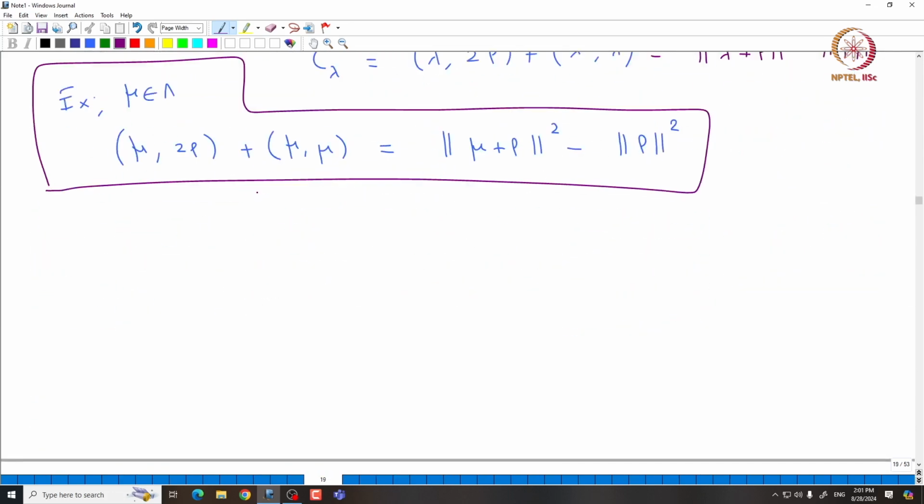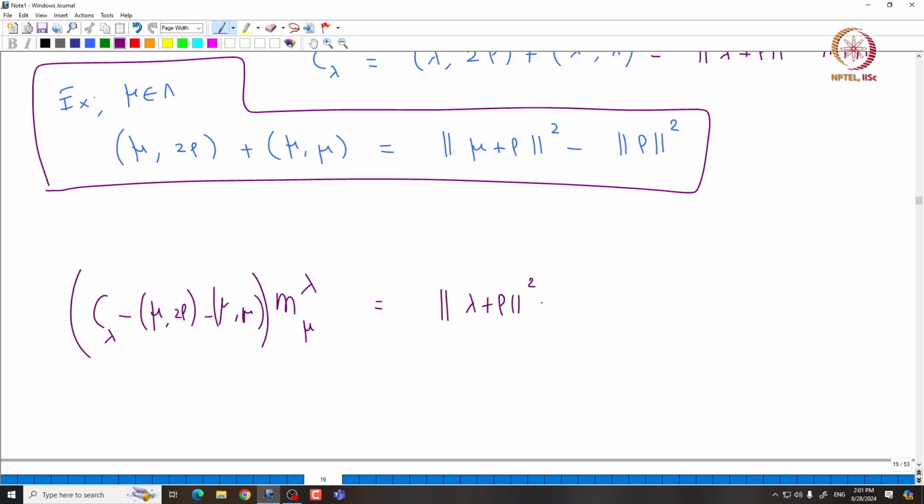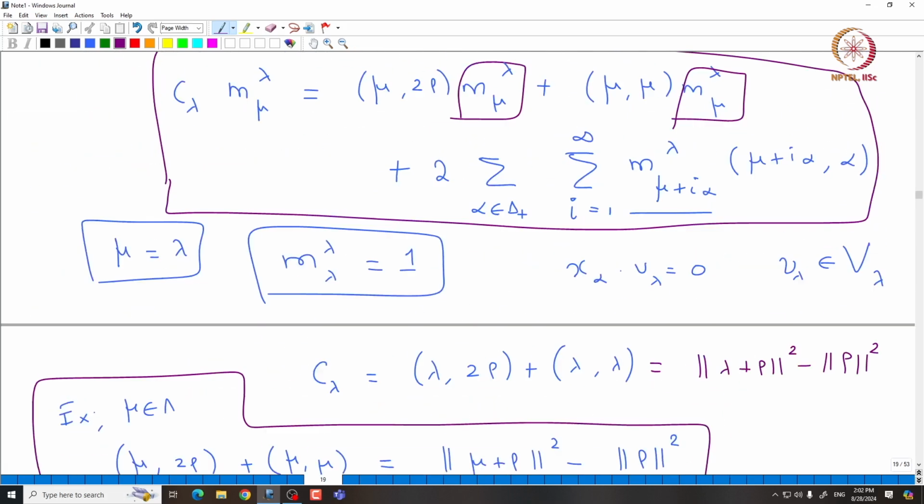So, C_lambda minus mu comma 2 rho minus mu comma mu is exactly equal to the norm of lambda plus rho squared minus the norm of mu plus rho squared, times m_mu(lambda). So, this will be on the left hand side, and the right hand side stays as it is.